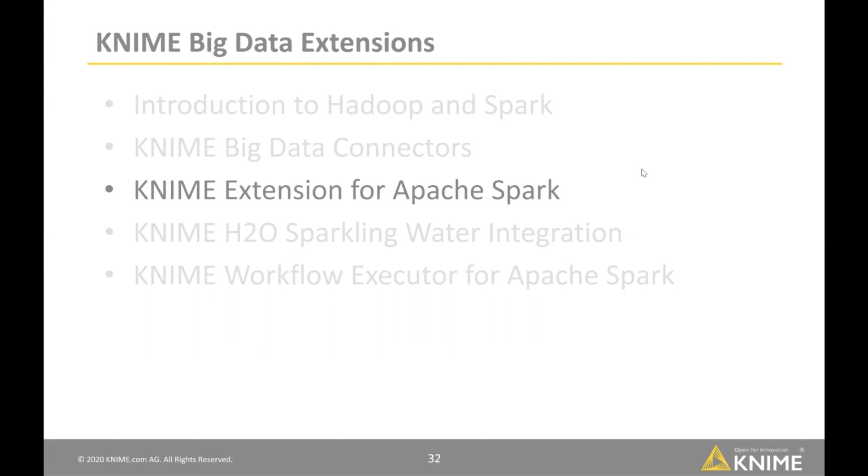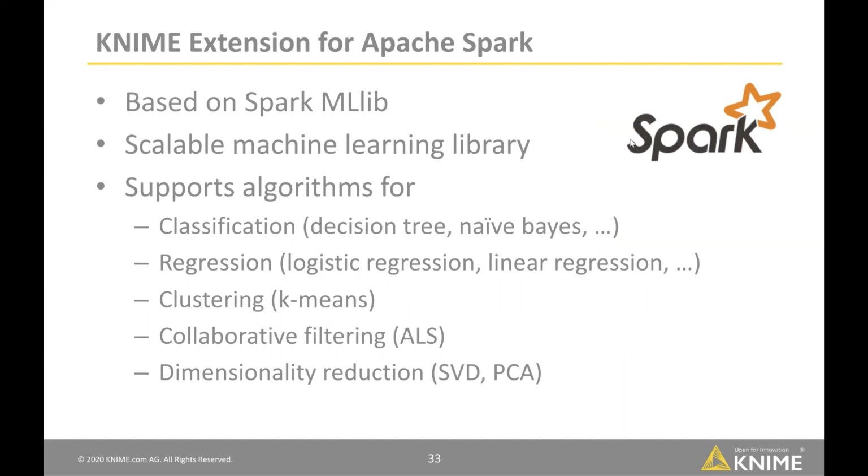Next thing I want to talk about is the Knime extension for Apache Spark. This extension of Knime provides a set of nodes that try to cover large parts of the data science cycle. So they allow you to read data into Spark.